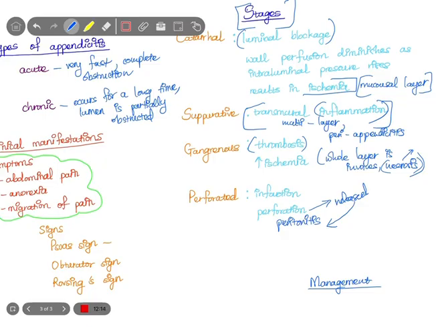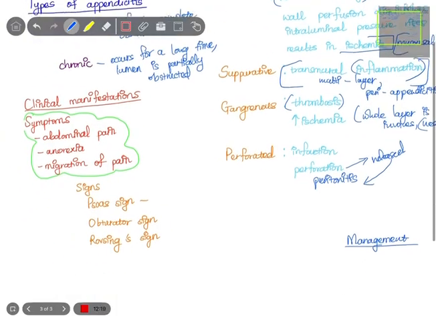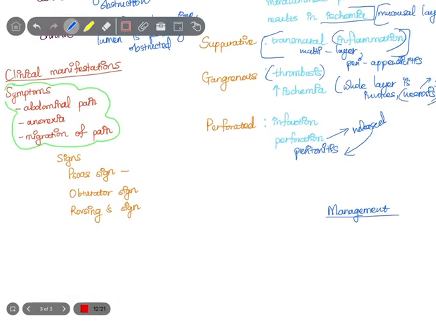Now let's look at some of the clinical manifestations of acute appendicitis. The first one is going to be abdominal pain. It is worth noting that in the early stages, the pain is going to be felt as colicky.